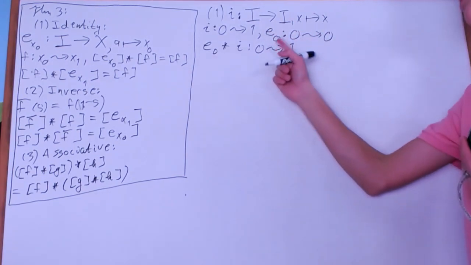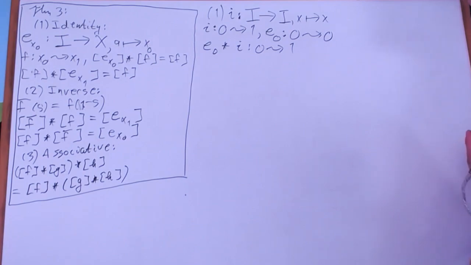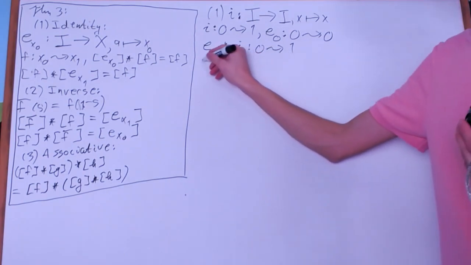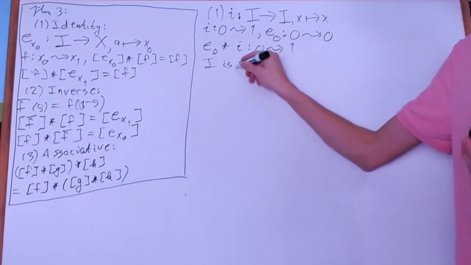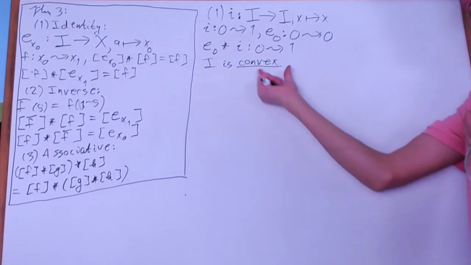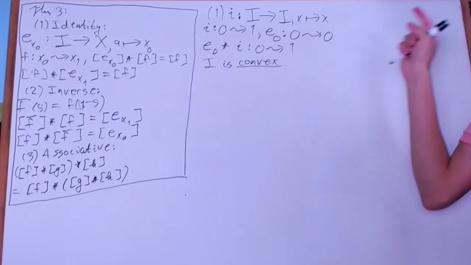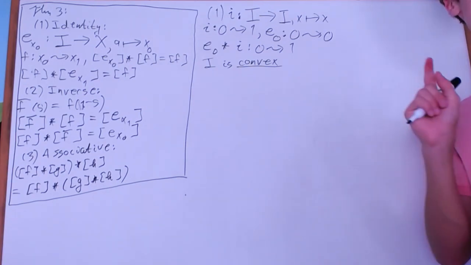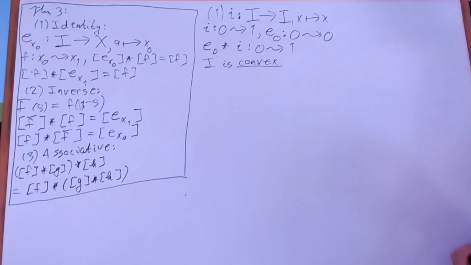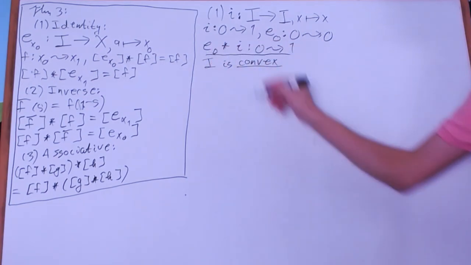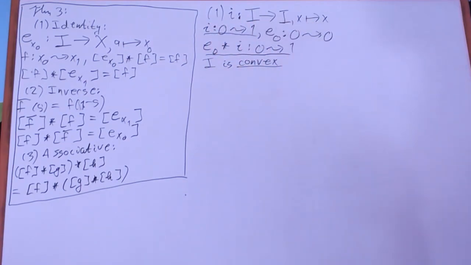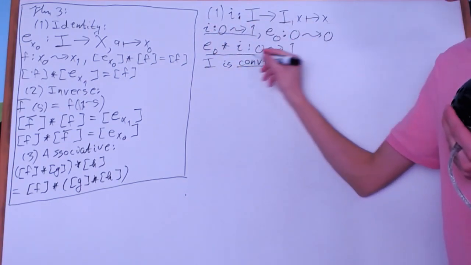So this path, which is from 0 to 1, what you should note is that I is convex. So using what we talked about before, that I is convex basically means any two paths between the same 2 points are path homotopic. So right here we have a path which is from 0 to 1, and right here we have a path which is from 0 to 1, which tells us that they are path homotopic.